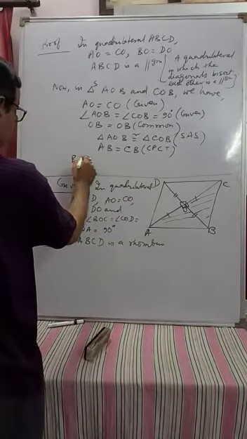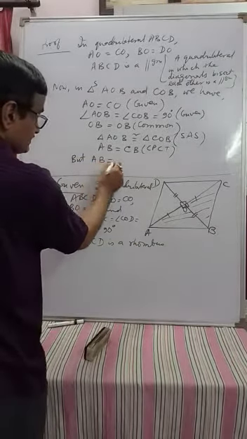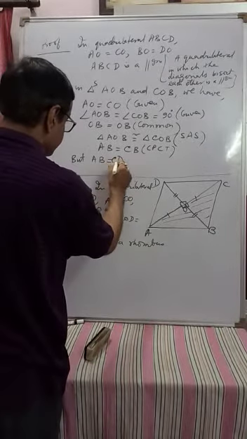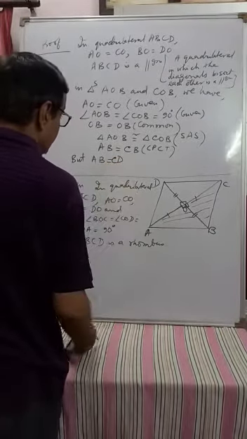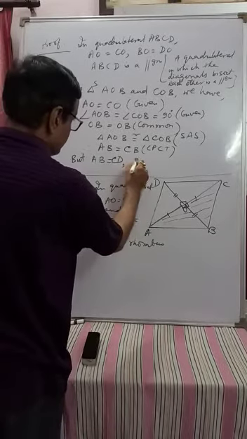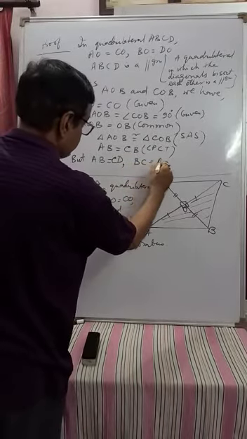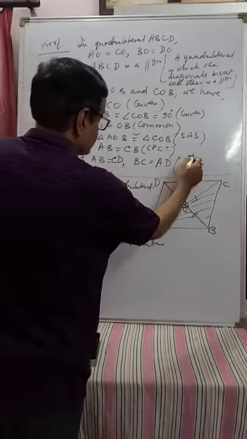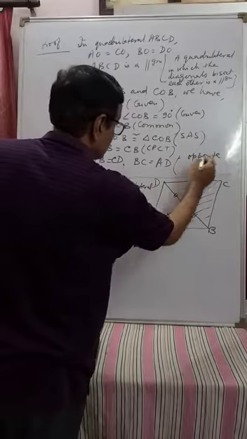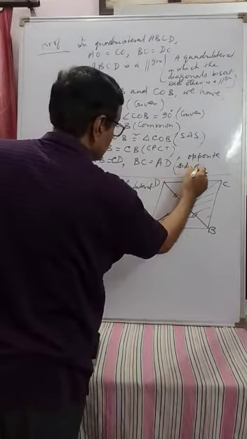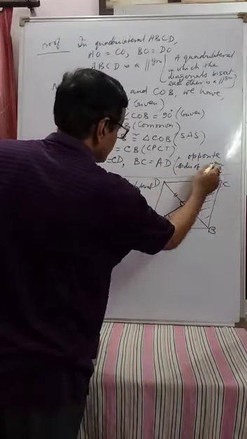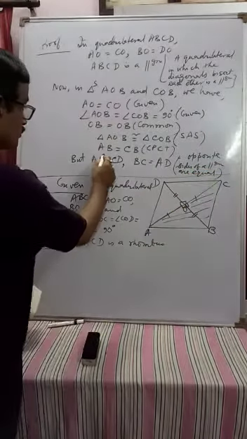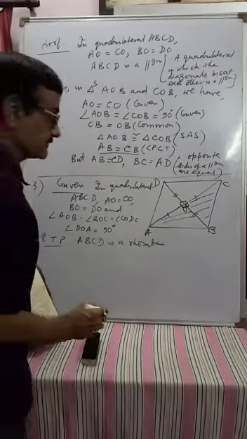But AB is equal to CD, and BC is equal to AD, because opposite sides of a parallelogram are equal. So first we have proved that AB is equal to CB.